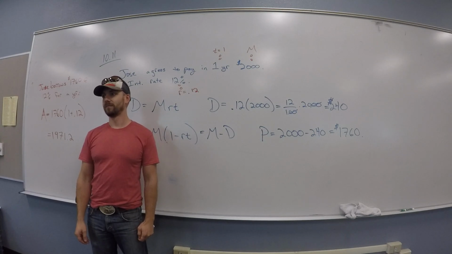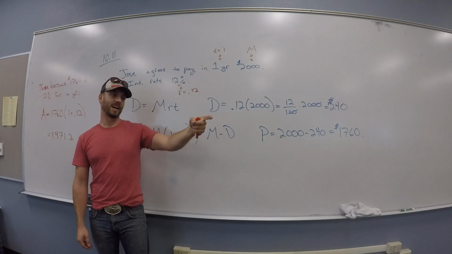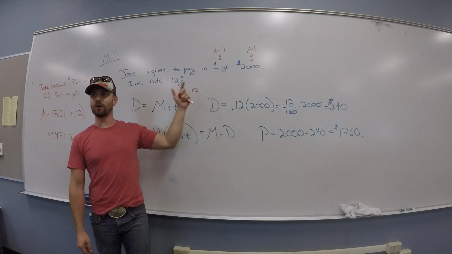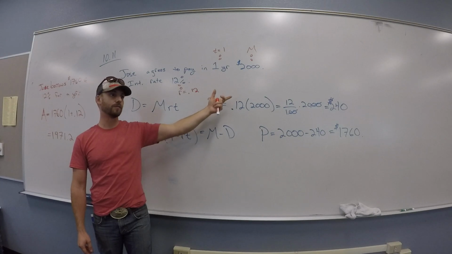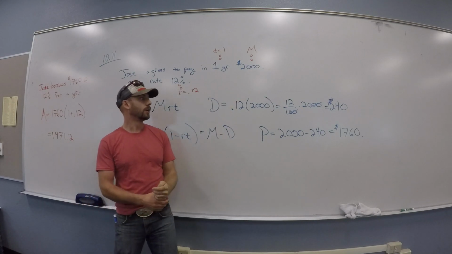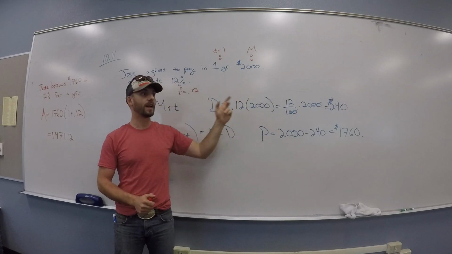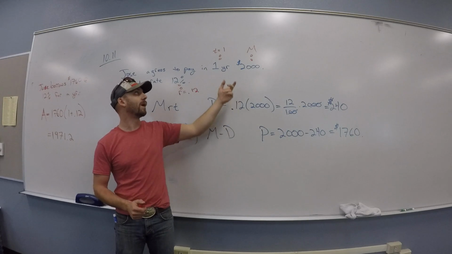So really, you're getting a $2,000 loan, but you're only getting $1,760 because you already paid the interest. Exactly. You're taking out a loan that's going to be worth $2,000 in the future, and right now, because you're discounting by the interest, you get $1,760, but you won't have to worry about that interest in the future. You know what the amount is that you're going to owe.